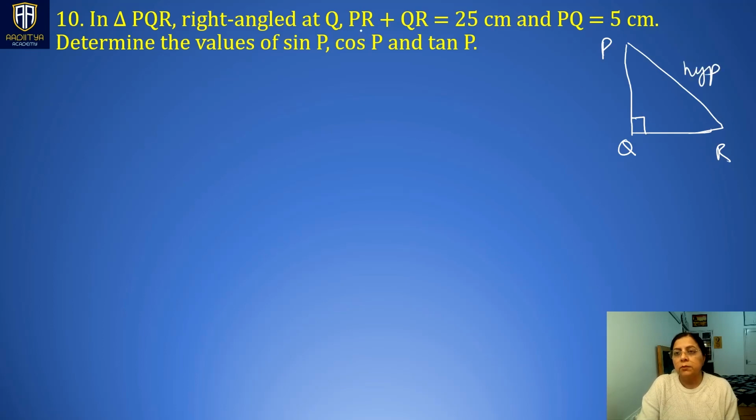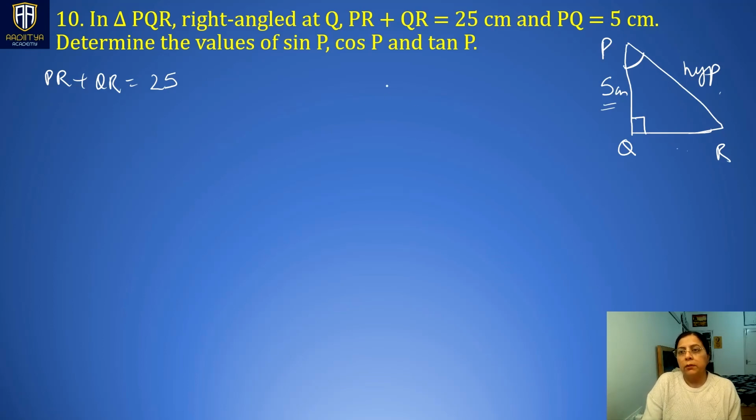We are given that PR plus QR is 25 centimeter and PQ is 5 centimeters. Determine the values of sin P, cos P, tan P. So we have to take the ratios about angle P only. But before that, we have to find the values of these two sides. We are only given PQ. We have to find QR and PR.